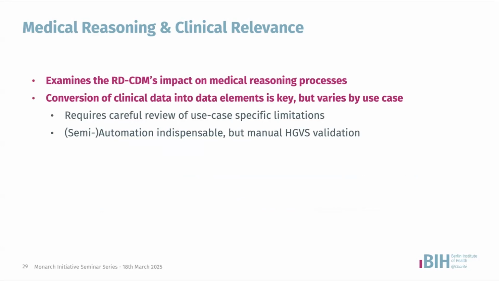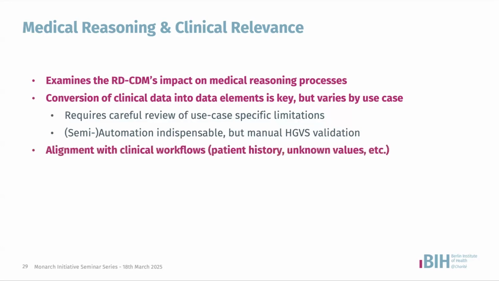So it requires careful review of specific limitations, and we also found that semi-automation or automation in some way will definitely be indispensable for implementation. But of course, there's HGVS validation, which must remain manual.